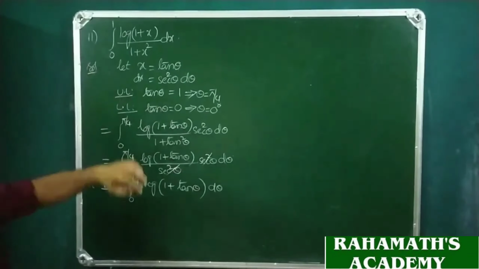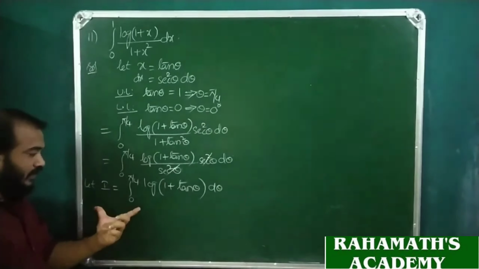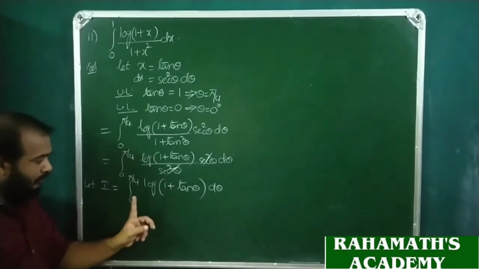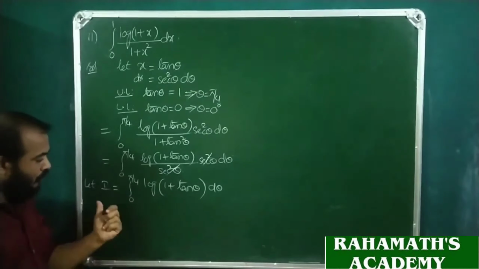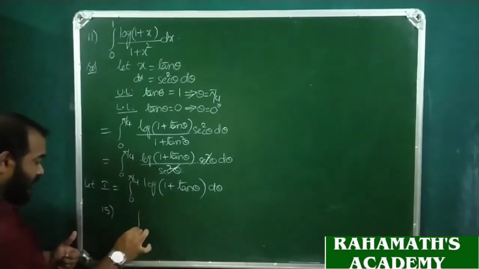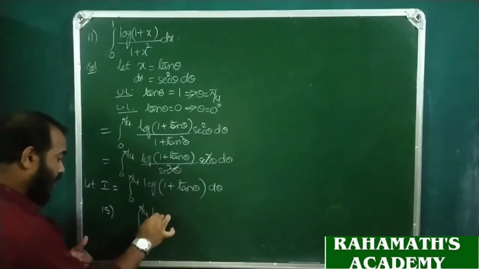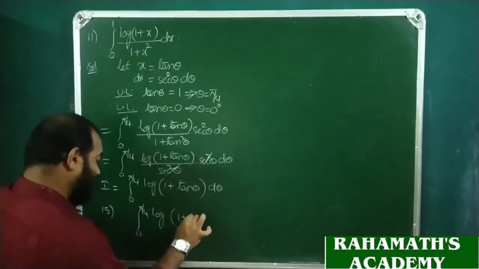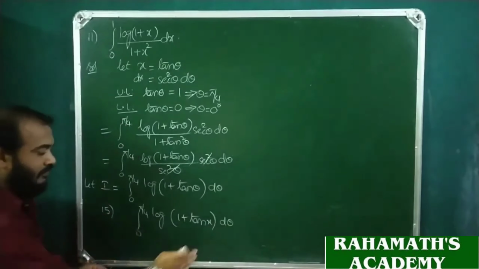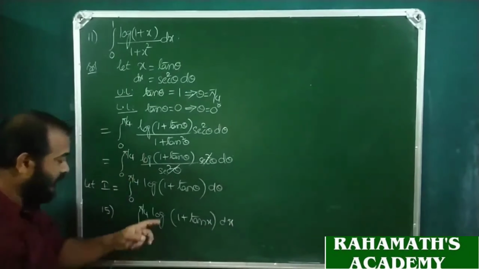So I'm telling you, the 15th question is not going to be discussed, because I'm leaving it for you. By all respects the 15th question is integral 0 to pi by 4 of log(1 plus tan x) dx. Isn't it the same?